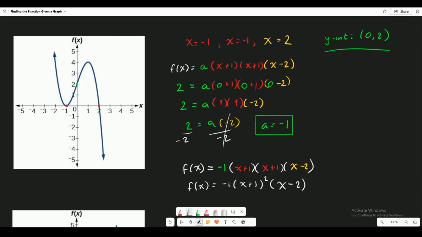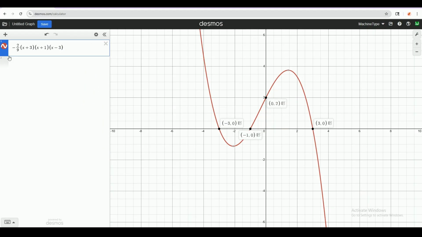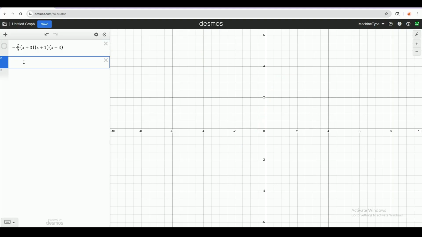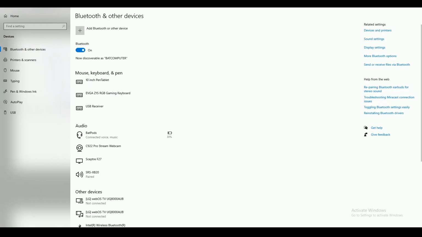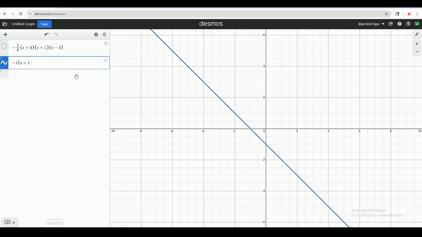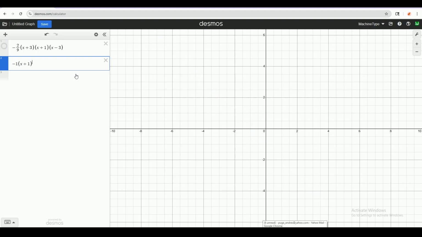And let's graph it again just to verify it. It was negative 1 times x plus 1, right? Yes. X plus 1 quantity squared times x minus 2.